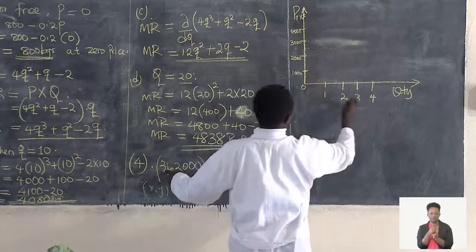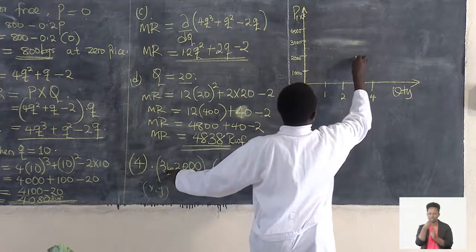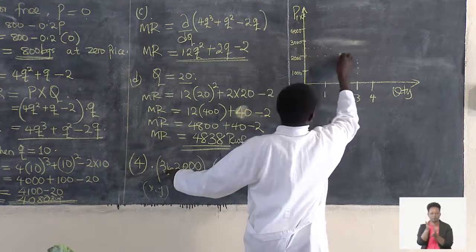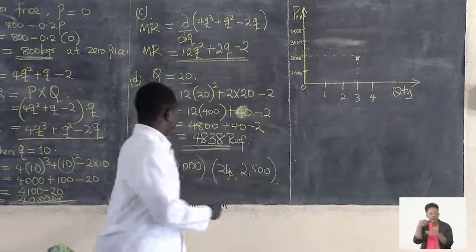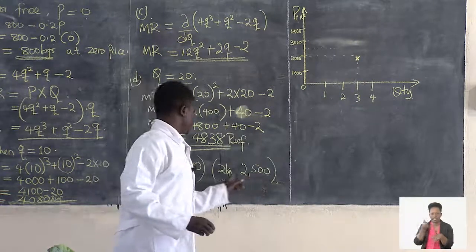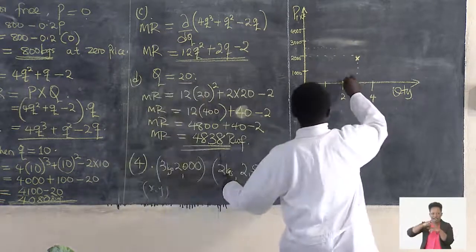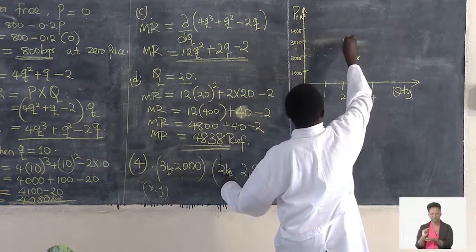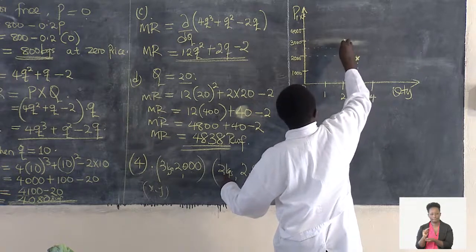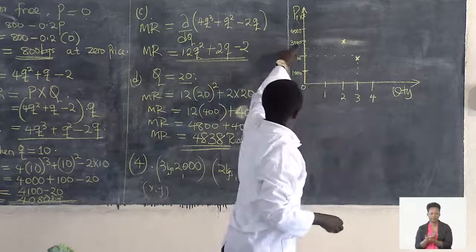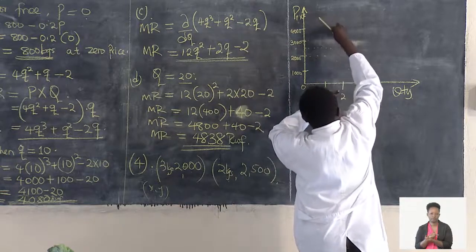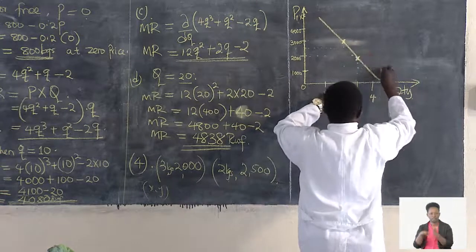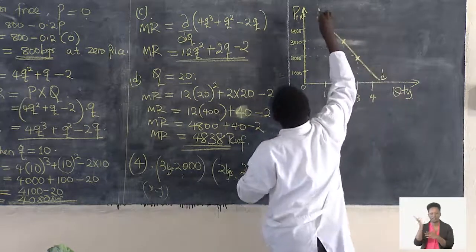When the price was 2,000, quantity demanded was 3 kilograms. Then when the price increased, quantity demanded reduced. From there, you can just sketch, so this is your demand curve.